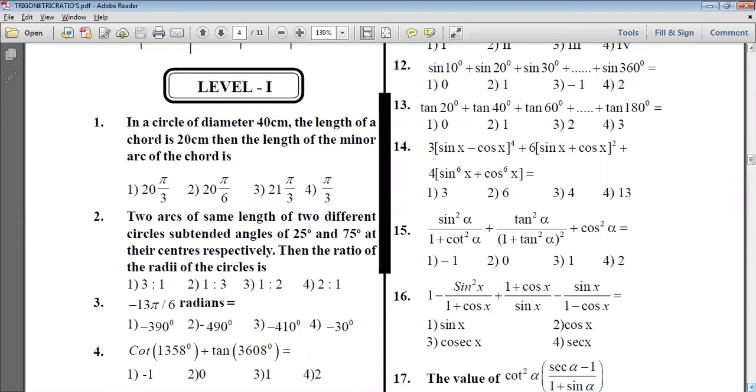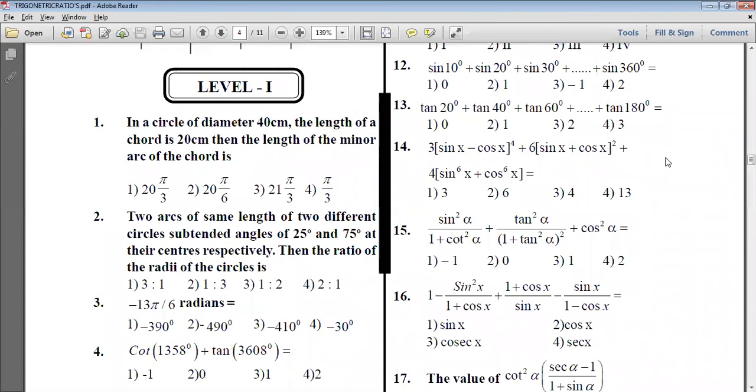So if you want to evaluate this, once observe the options. How are the options? If you observe the options, all the options are constant only. That means the answer of the problem doesn't depend upon the angle.